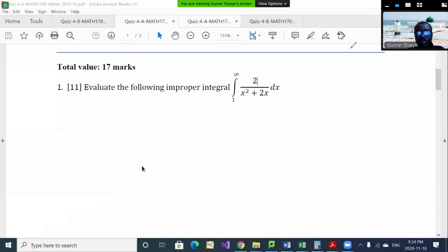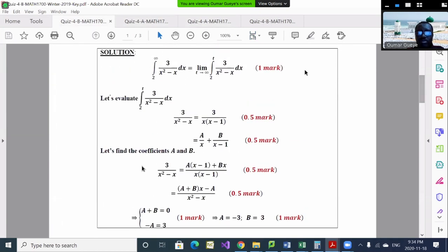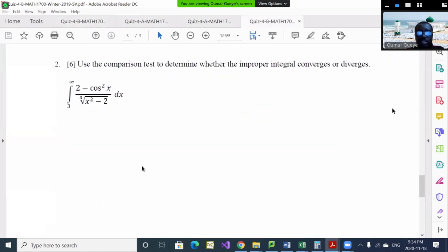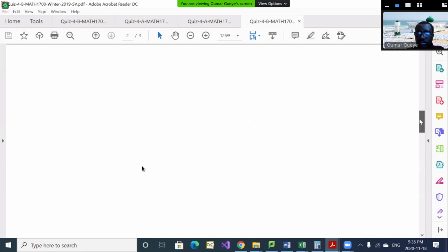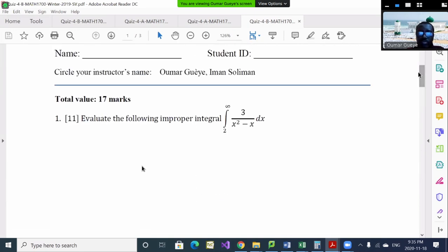I'm just gonna give you the B version. And you guys have to use the same exact thing to get this integral. I'm gonna give you 5 minutes to do it.